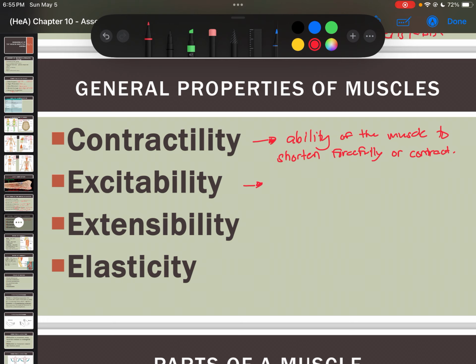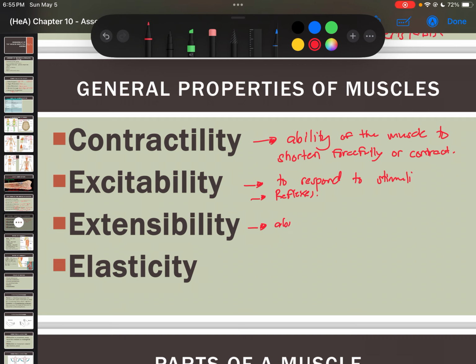It is the ability of the muscle to respond to stimuli. This is directly tied to what we call our reflexes. Next is extensibility.